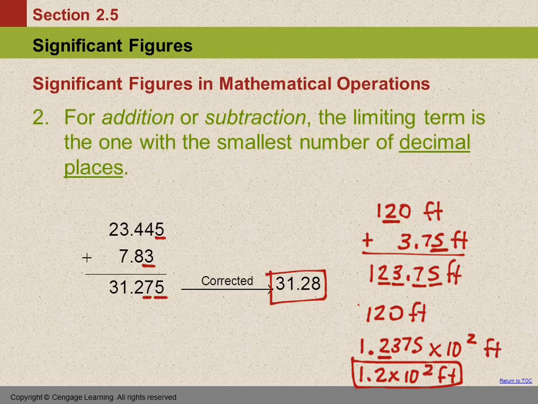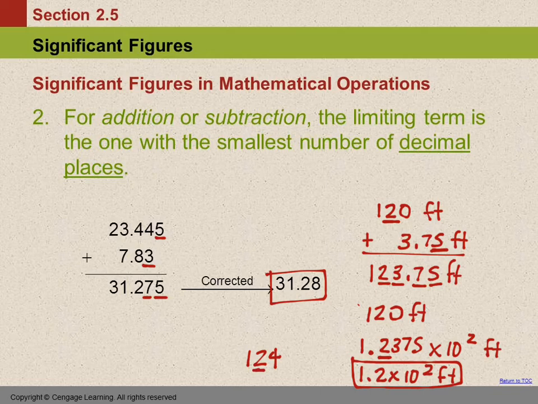Any questions? Yes? Why don't you just do 124? Why not call it 124? You said that rounding off to the upper one if it's more than 5. Okay, that's a good question. If we were rounding to the nearest foot, we would call it 124. The problem is that there's uncertainty in the tens place.